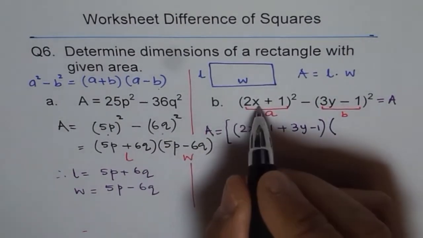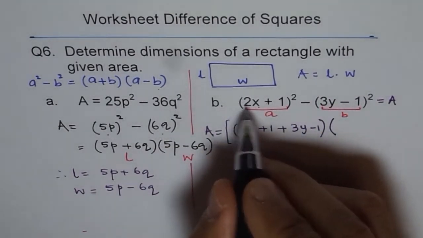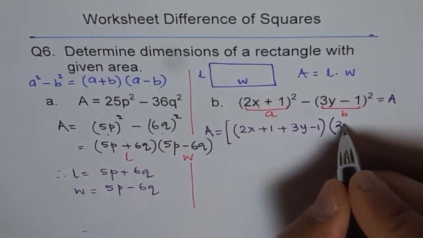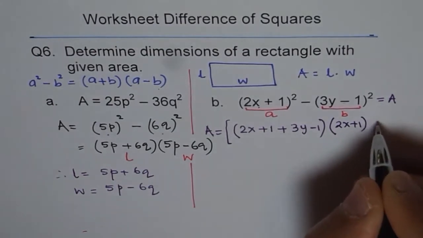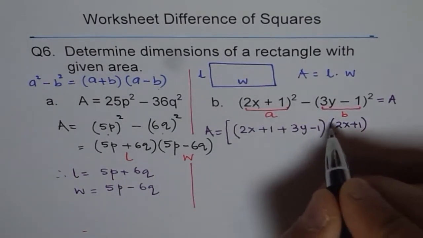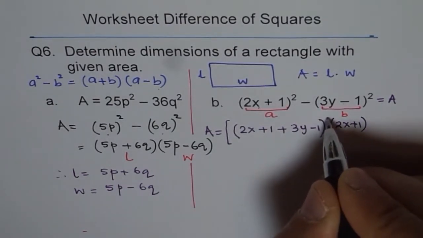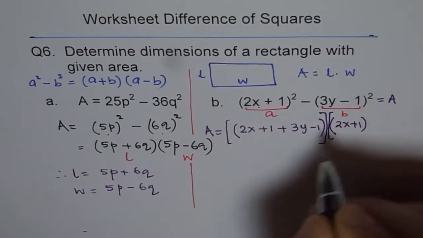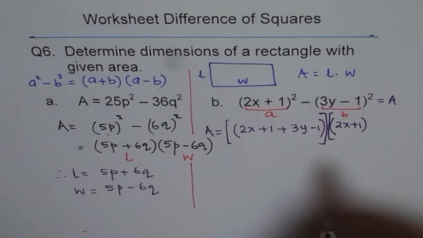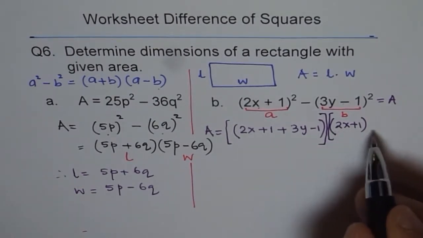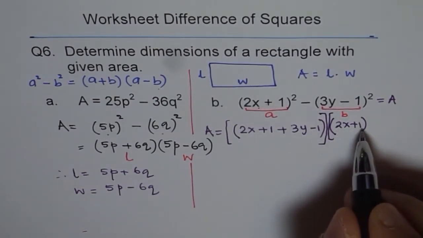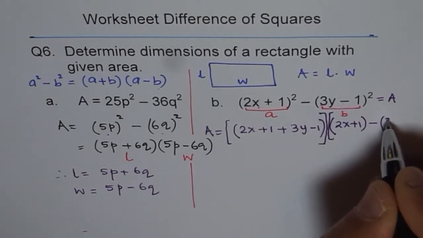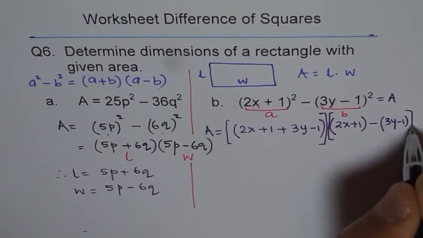Times A minus B. So A is what for me? A is 2x plus 1. So 2x plus 1. And minus, let me make another bracket here and close that bracket. So that part is a plus b for me, and this part is a minus b. So a is 2x plus 1 minus b is 3y minus 1, 3y minus 1, and let me close this back.